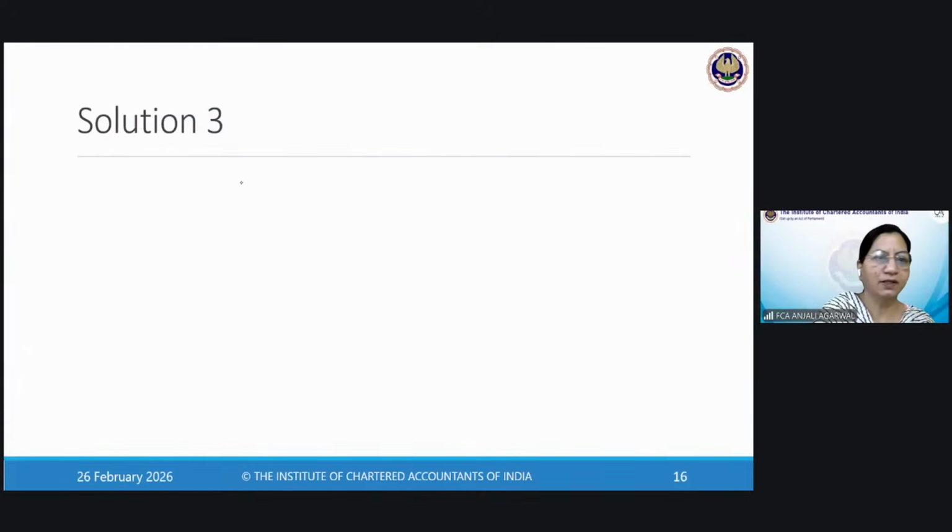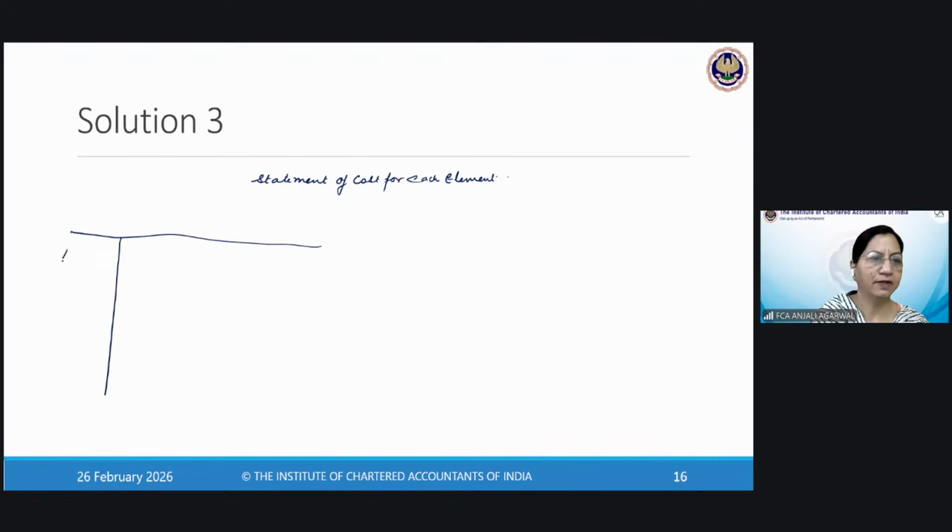Now, when we prepare the statement of cost for each element of cost, the first is you will have the element of cost, which is material.